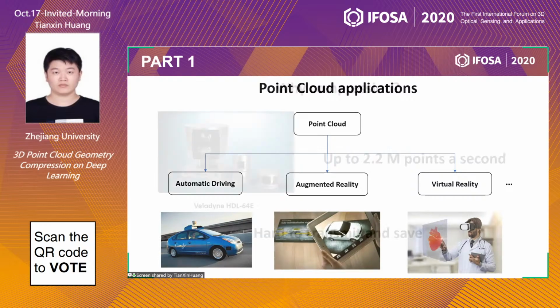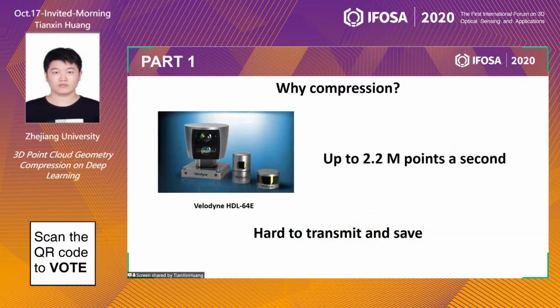So why do we need compression? I think it is because we are facing the challenge of big data. Point cloud compression is important because it can largely reduce the burden during transferring and saving after they are acquired from sensors. Sensors such as the HDL64 can acquire up to 20 to 100,000 points a second.